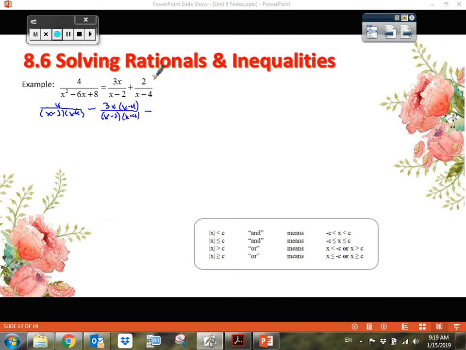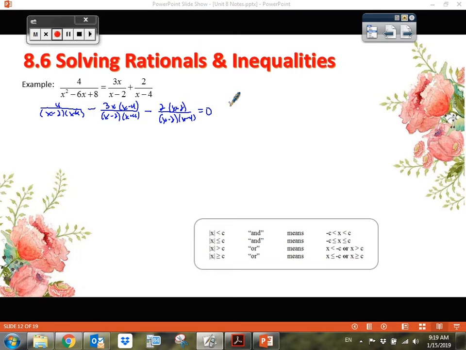My next fraction, I have a 2 here. I have an x minus 4 in the denominator. So that means I need to multiply by x minus 2 over x minus 2, equals 0. So that's my goal. We want it to equal 0. We good? We're just finding common denominators. We're pretty good at that now.